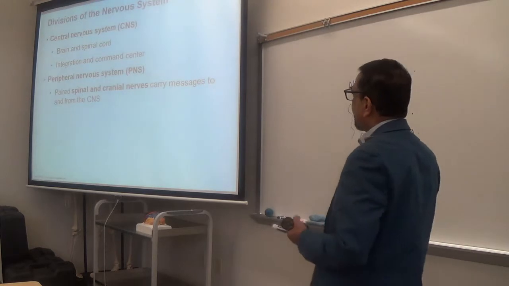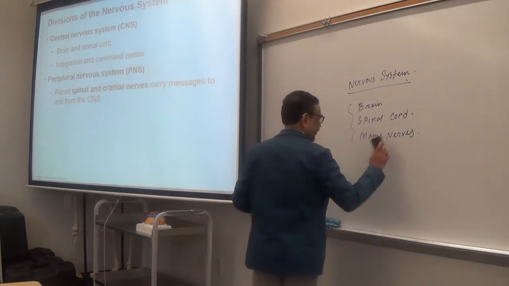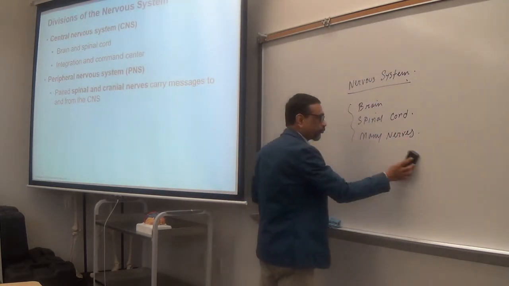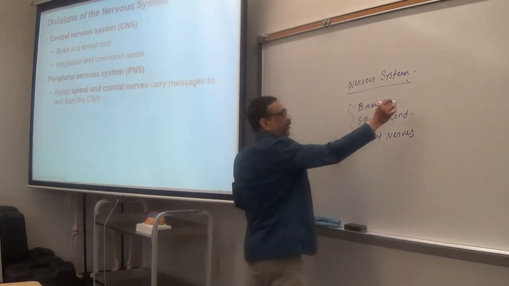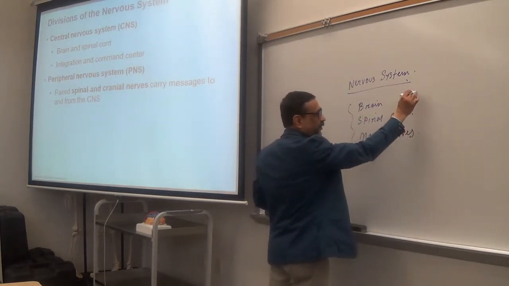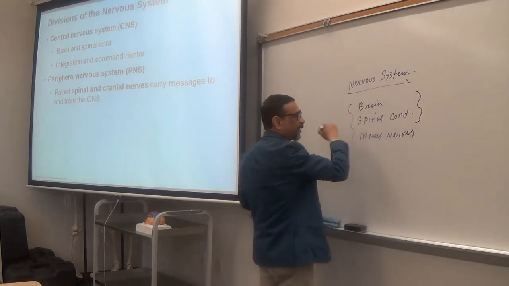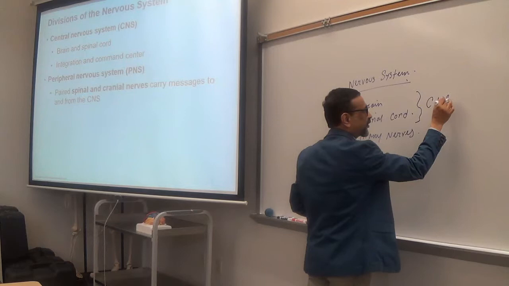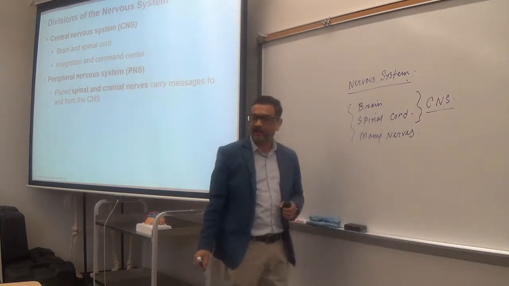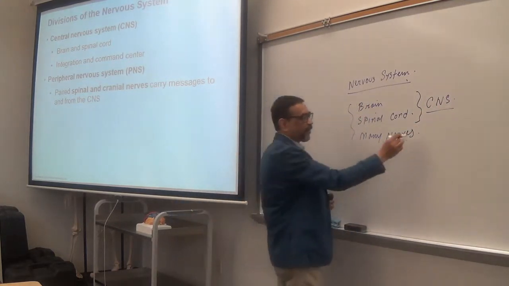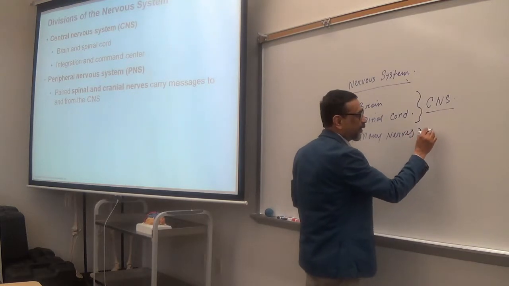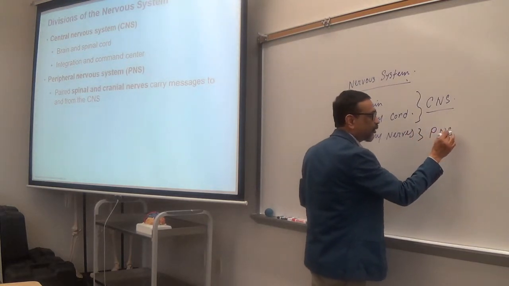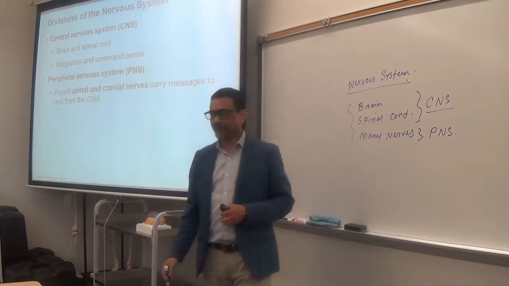Now, classification of the nervous system. These are the parts of the nervous system, and your brain and the spinal cord belong to the central nervous system, or CNS. And the nerves belong to the peripheral nervous system, or PNS.